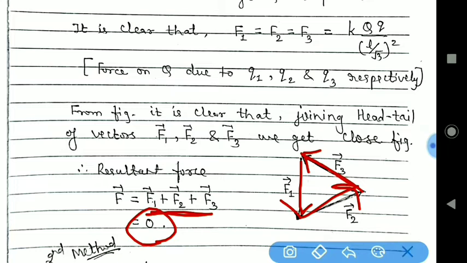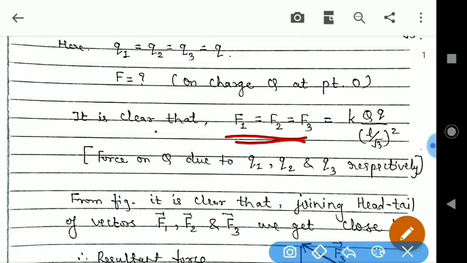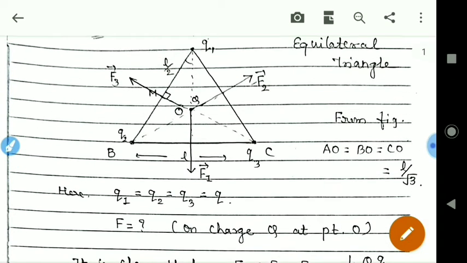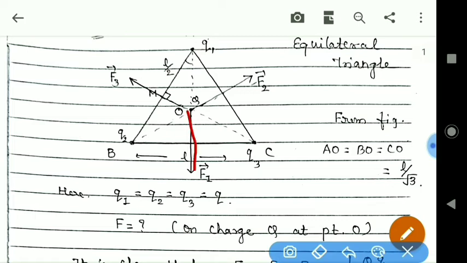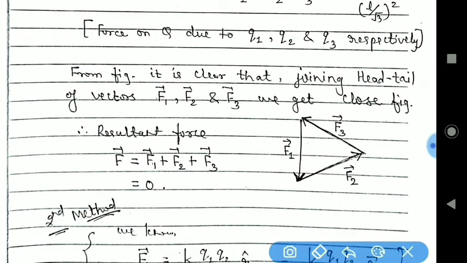So here also you can see the magnitude of the force is obtained, but as a vector their directions are seen here. The direction of F1 is this, the direction of F2 is this, and the direction of F3 is this. So when we add these vectors geometrically, we will get the answer 0.